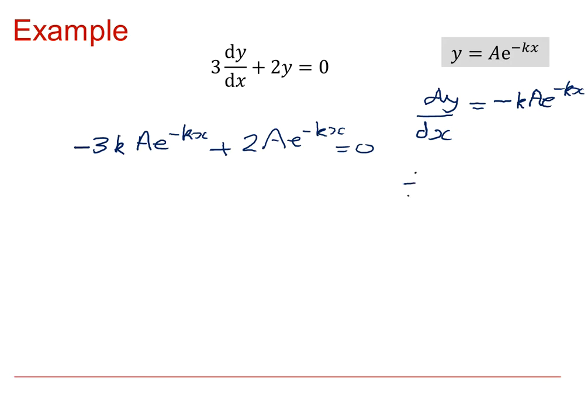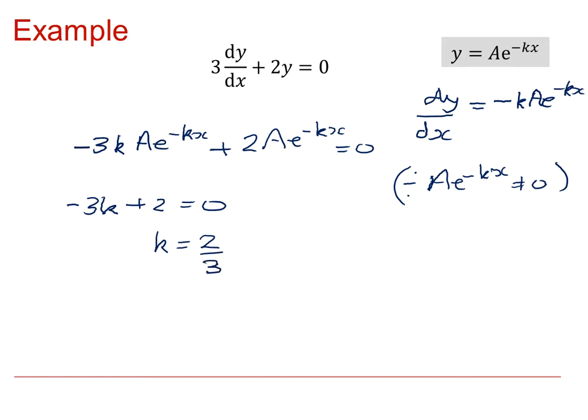If we divide by a e to the minus kx, assuming that's not equal to 0, we would get an equation where minus 3k plus 2 equals 0, or k equals 2/3.